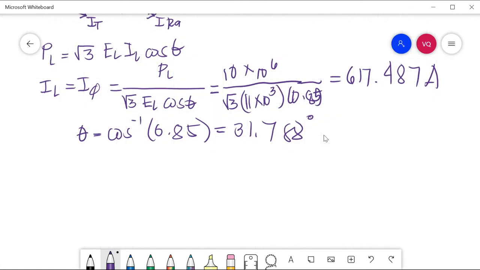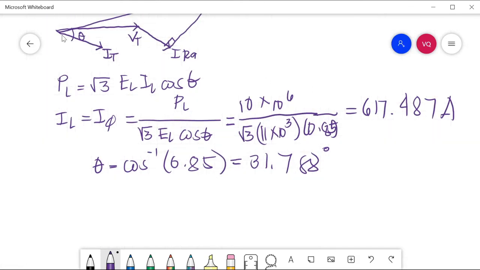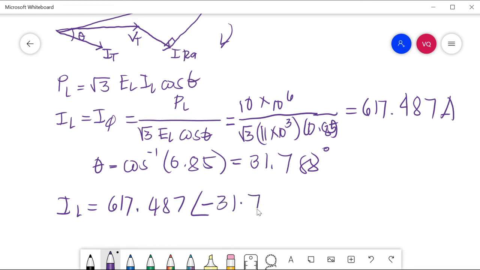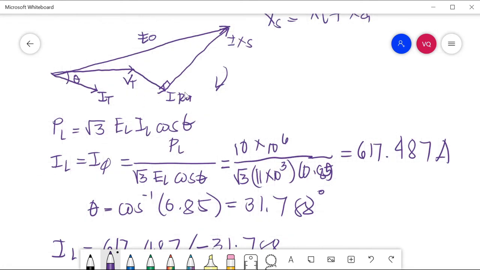So the magnitude and direction of this vector is equal to 617.487 angle negative 31.788. It is negative because it is a lagging power factor, clockwise direction. We can use this in calculating the drop in IRA and IXS, because the current I here is the same as our total current.